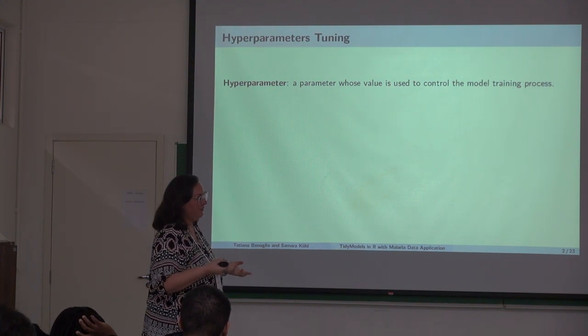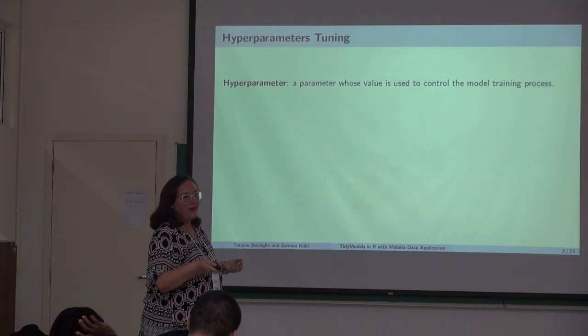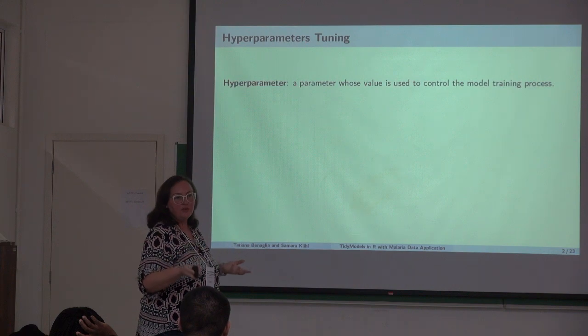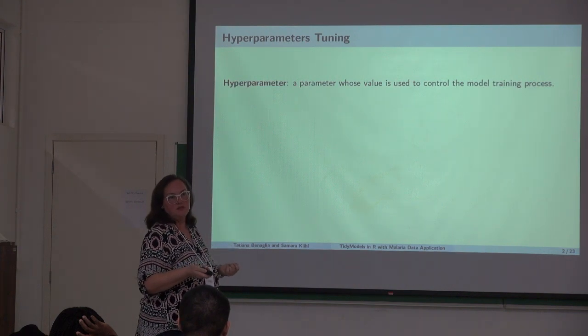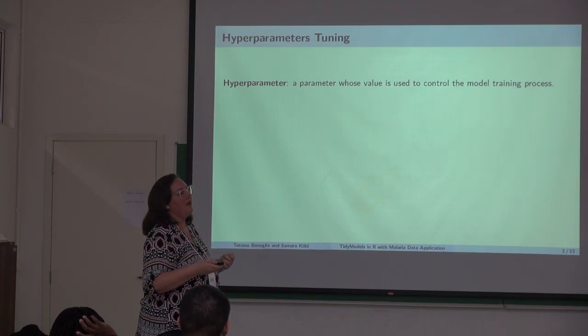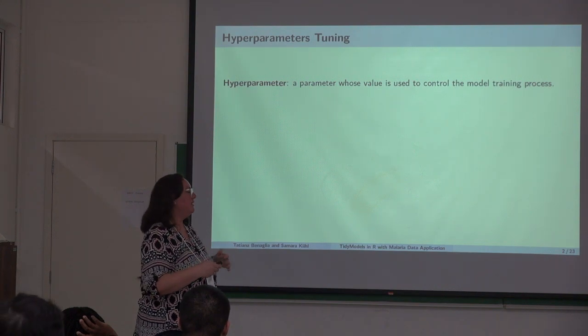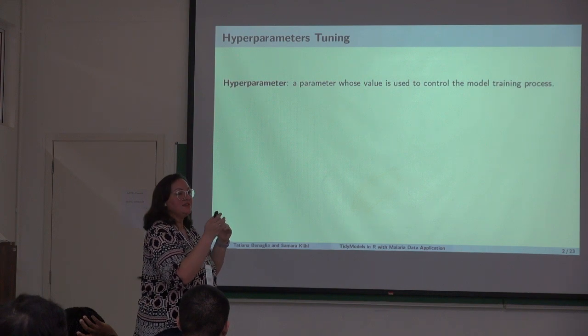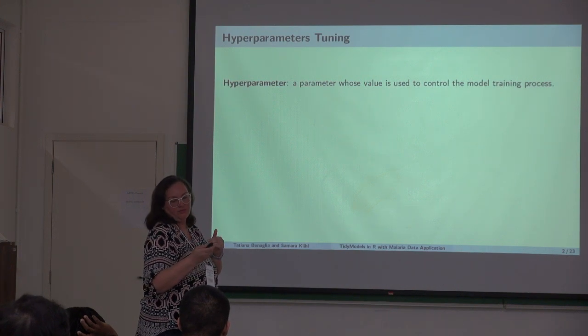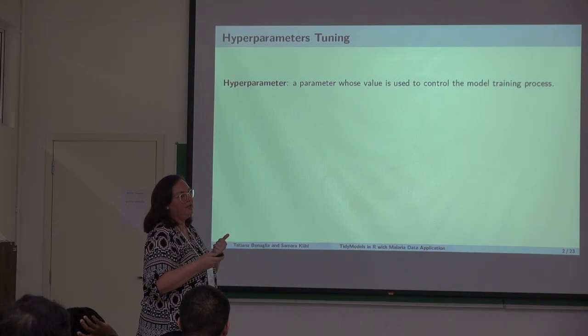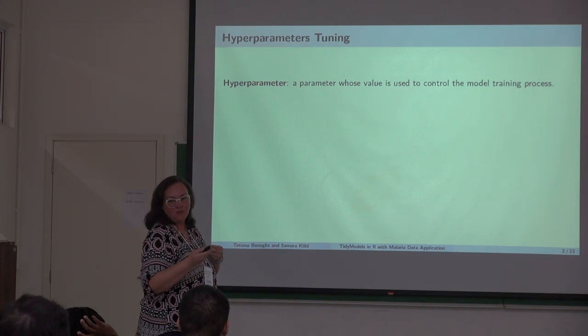Why? Is there a way I can have a data-driven approach to choose those things? I can choose between many different workflows that have this kind of decision that I need to make. That's called tuning. Tuning hyperparameters, tuning models.